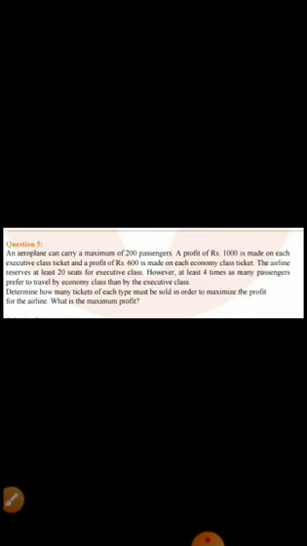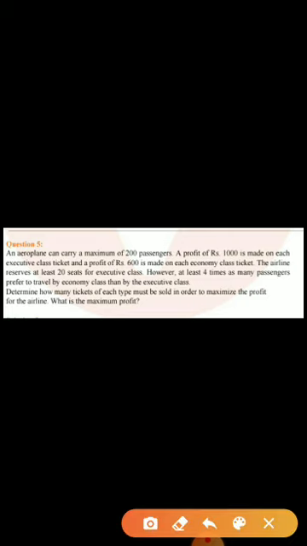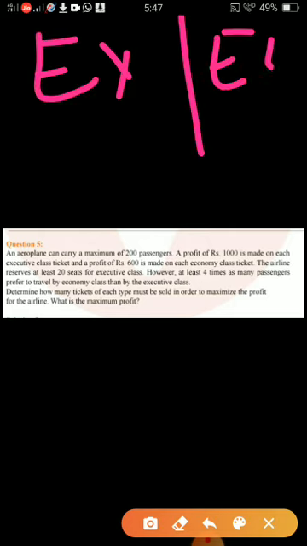The airline reserves at least 20 seats for executive class. However, at least 4 times as many passengers prefer to travel by economy class than by the executive class. Just by reading this, did you come across what the two types are that we write column wise? Yes, executive and economy class.